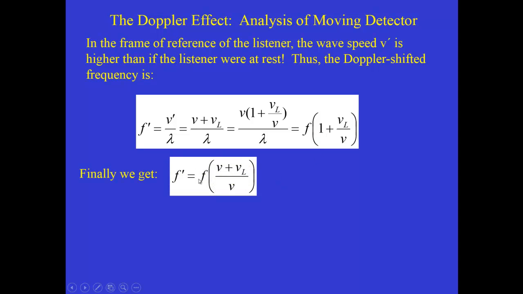F prime is equal to f times v plus vl over v. vl is the listener velocity, v again is the wave velocity. If it were sound, we would use the appropriate value for the speed of sound. And we see again in this equation that f prime is greater than f because the fraction is greater than 1.